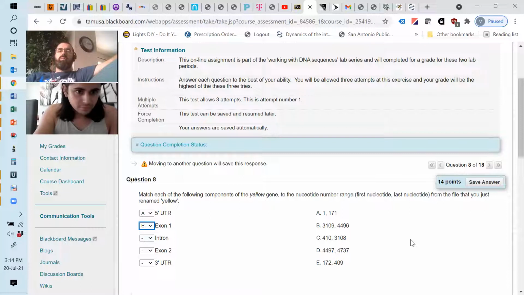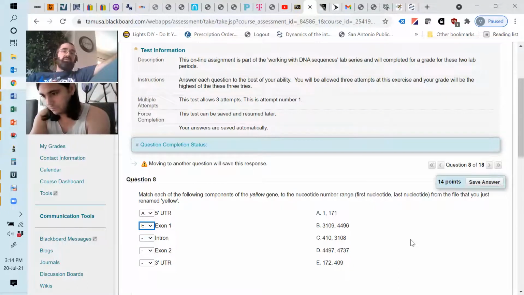It just gives you a bit more information in a more accessible way. So there's two different ways you can do it: a priori, based on no prior knowledge of the yellow gene, only what you know about eukaryotic gene structure, or you can just use the numbers from the diagram in UGene. Either way works, you'll get exactly the same answer.